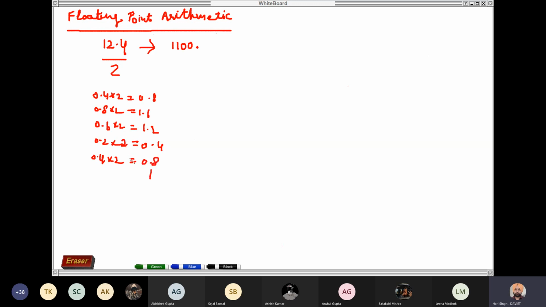Now you see the repeating pattern. So you can simply write starting from this bit 0, 1, 1, 0, 0.